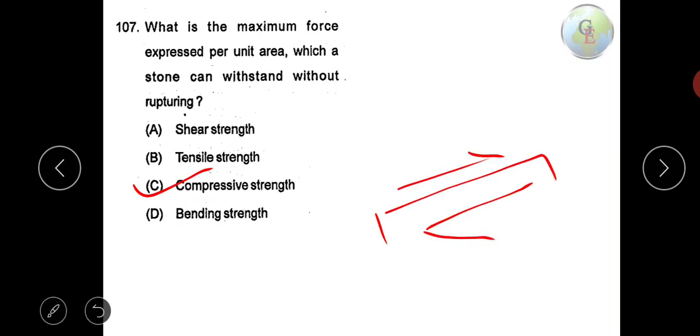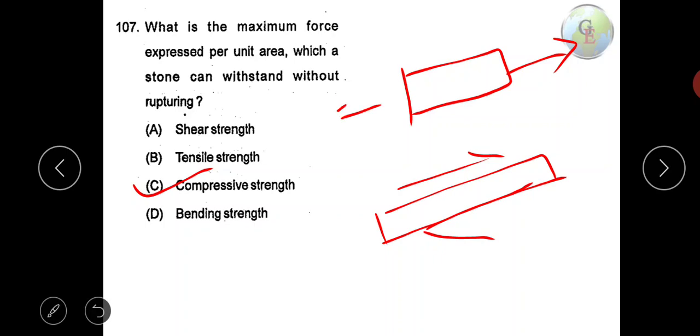Suppose here is the object, at two ends the shear stress will be activated. Another option, tensile strength, is the tensile force, meaning we are pulling the object apart, and where the object fails will be the tensile strength.